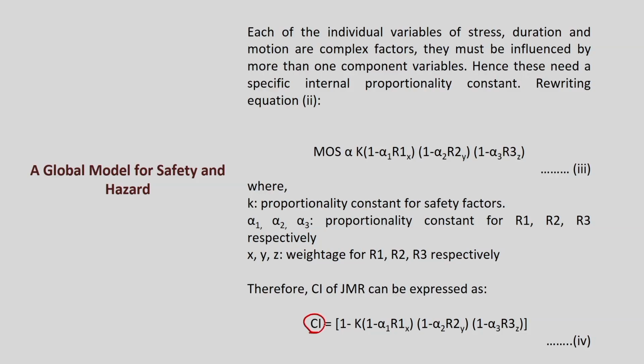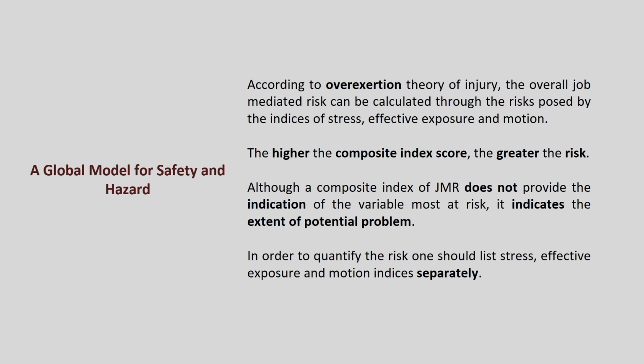Finally, the composite index comes into the picture, which says 1 minus k into all these MOS values. You are considering all risk factors, where alpha 1, alpha 2 are the proportionality constants for R1, R2, R3. This way you can calculate your composite index.